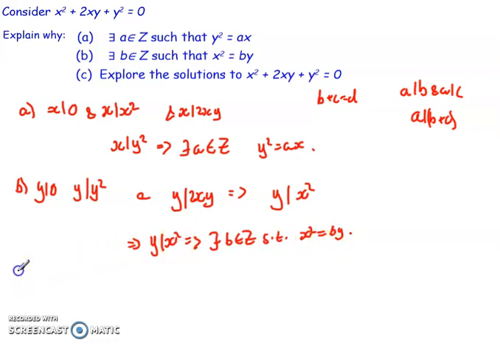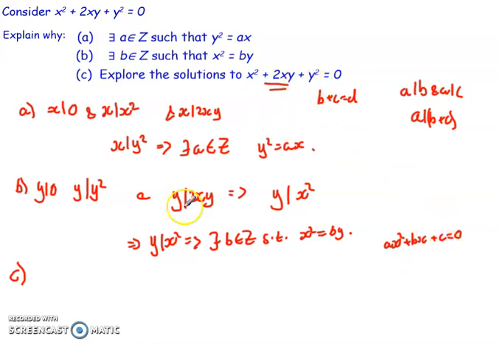The last part was to explore the solutions to that equation. So let's take this and treat it as a quadratic in terms of x. If that were the case, we'd imagine it written in the format ax squared plus bx plus c equal to 0. The only difference when we compare it to this here is that the b would be given by 2y and the c would be given by y squared.